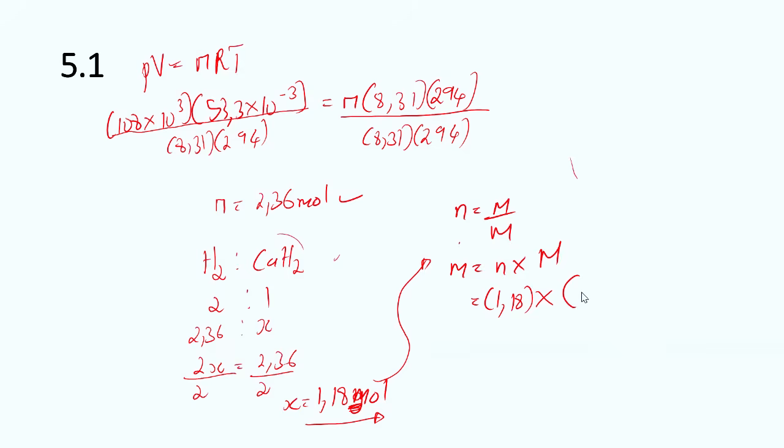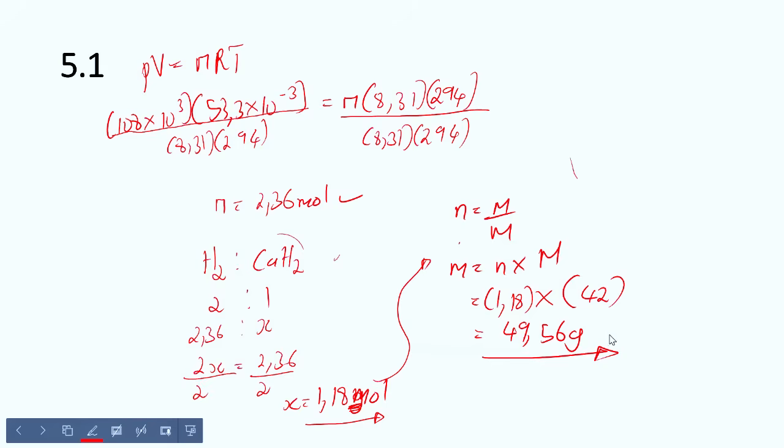So that's 42 times 1.18. So this gives us a value of 49.56 grams, right? So that's your mass. That's your mass for calcium hydride.